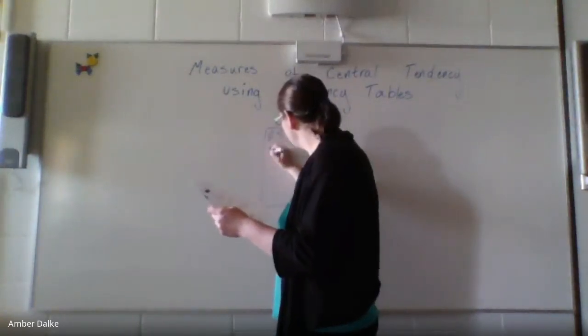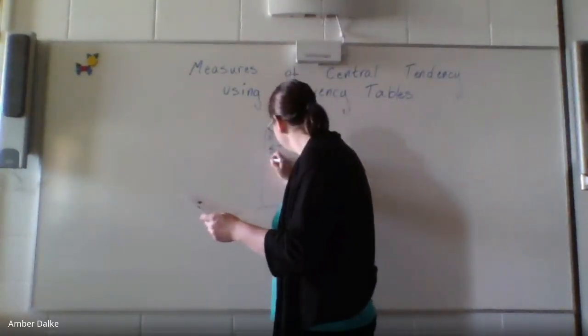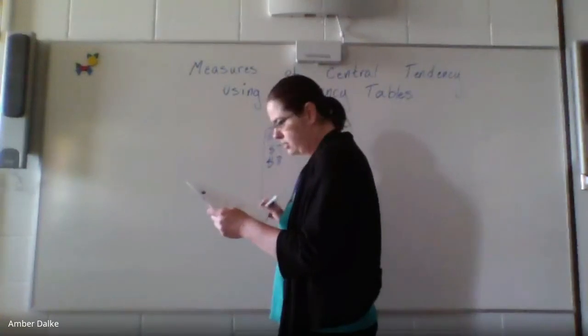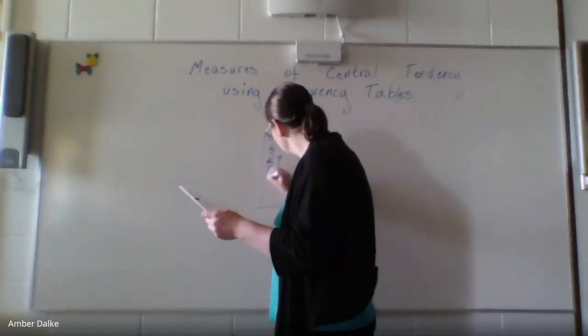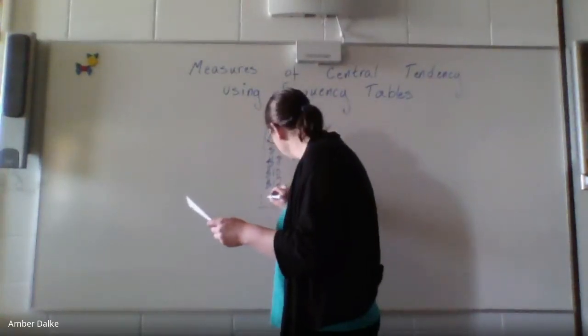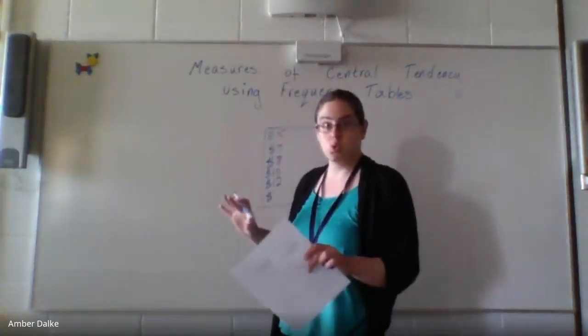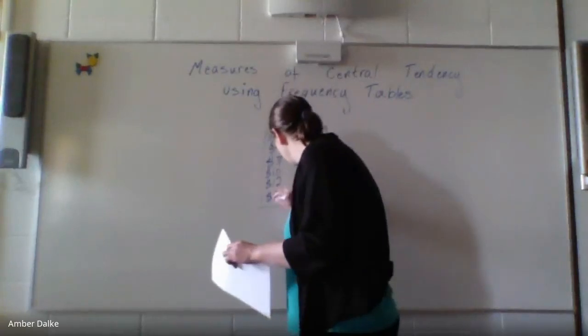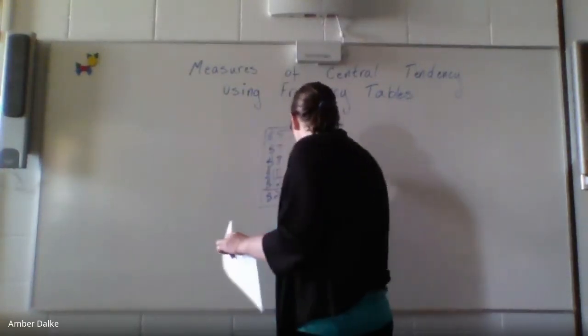They have some $7 pairs of shoes. They have $8 pairs of shoes. They have $10 pairs of shoes, $12 pairs of shoes, and $20 pairs of shoes. Ooh, big spender. Okay, and we have this lovely table here.